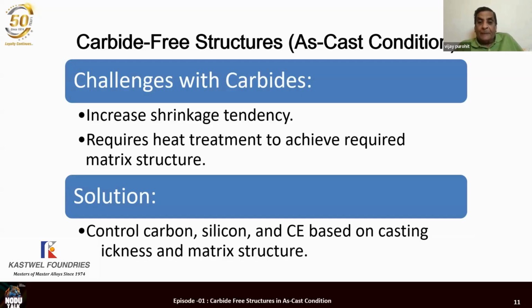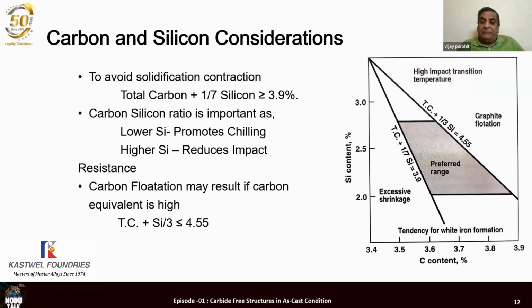Next slide, please. This is a very simplified diagram. We'll be going more into this diagram section wise, but look at this. To avoid solidification contraction, which means to avoid shrinkage. Now, if you ever want to remember one single good point from this lecture, this point you must remember, underline it, keep it in your mind, keep it everywhere you can.